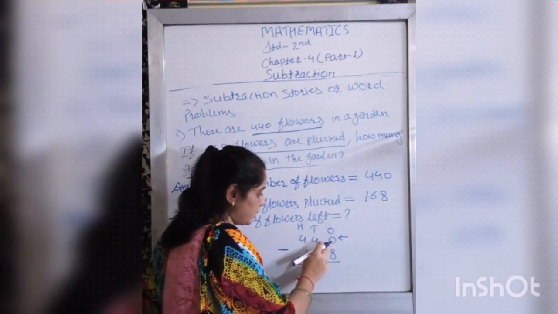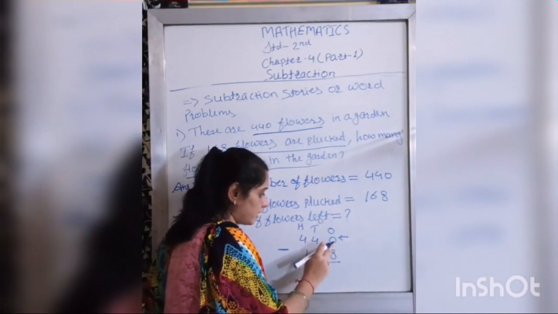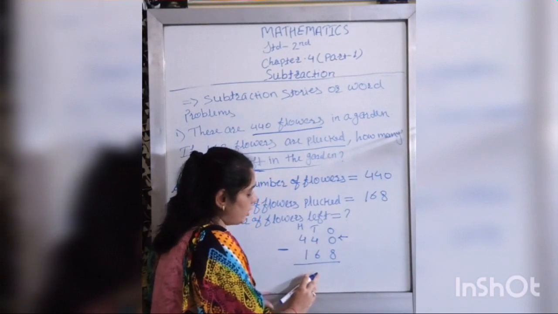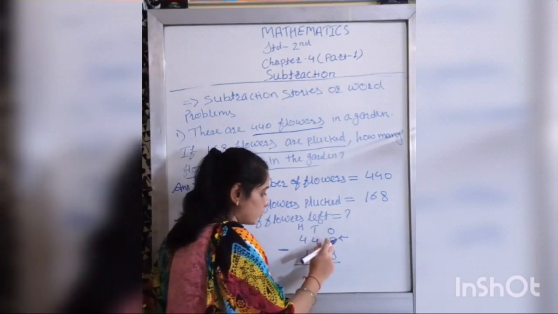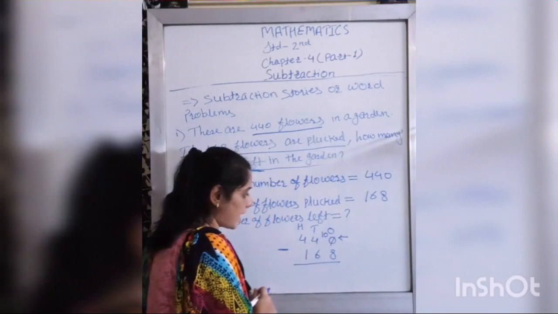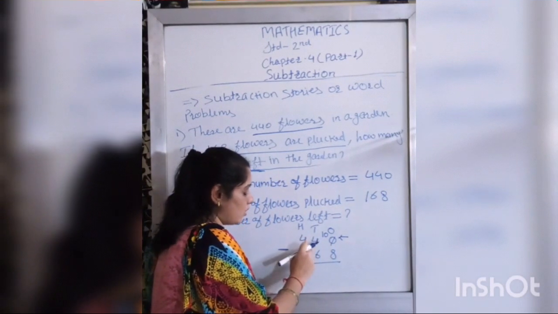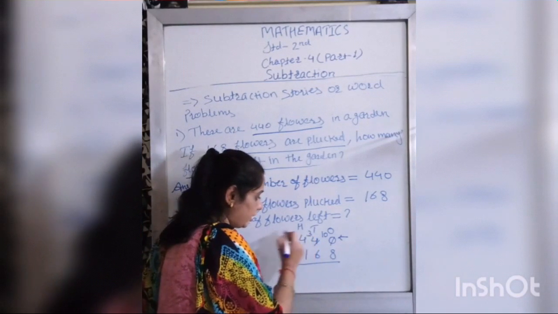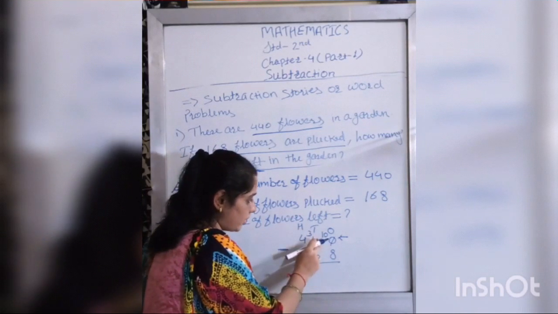The numbers are 0 minus 8. 8 is bigger than 0, so we cannot subtract. So we will borrow 10 from the tens column. So this 0 will become 10. As we borrowed 10 from the tens column, so this 4 tens will become 3 tens. Now subtract 8 from 10.